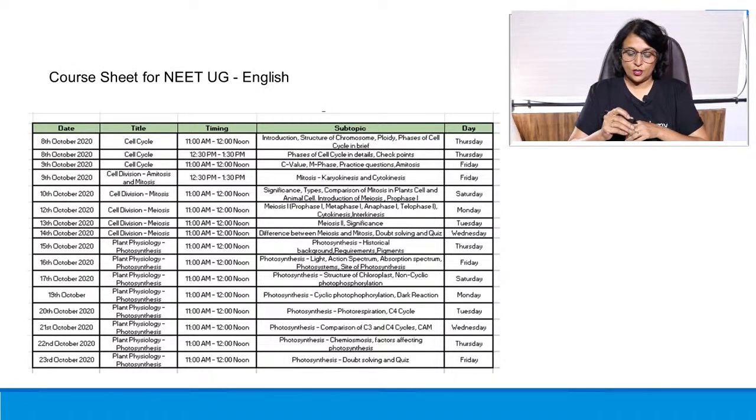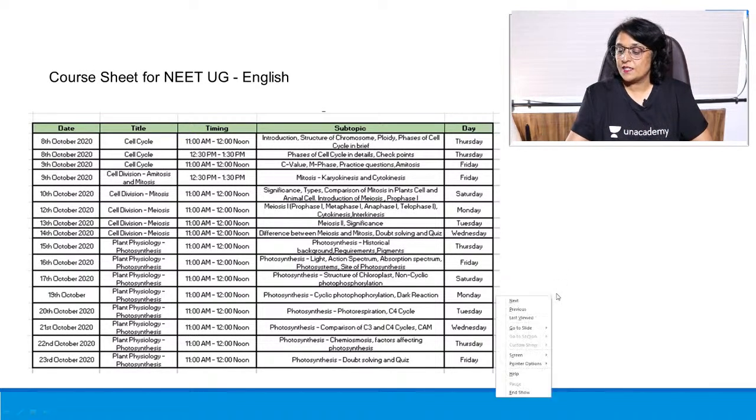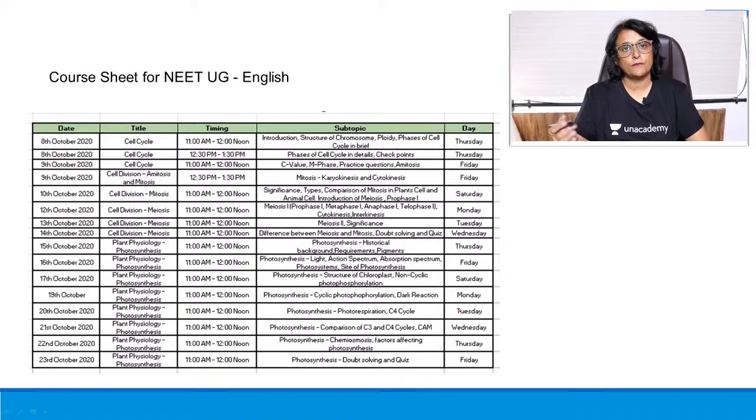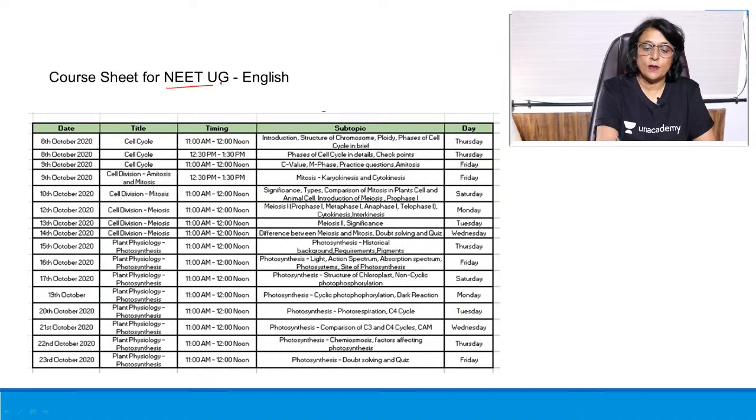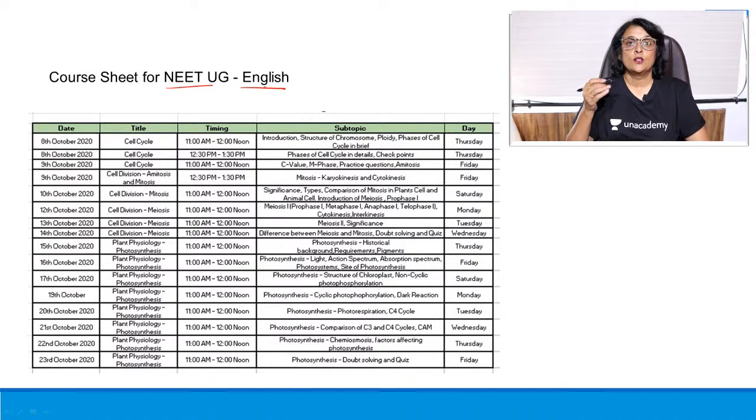This is my schedule sheet, which is planned for the forthcoming lectures. This is going to be on the same channel where we are right now. After we complete today's lesson, that is, when the chapter is over, we will be starting plant physiology. I have seen that, for whatever reason, students find plant physiology, like photosynthesis and cellular respiration, difficult, and that is why I thought of taking one chapter of plant physiology.